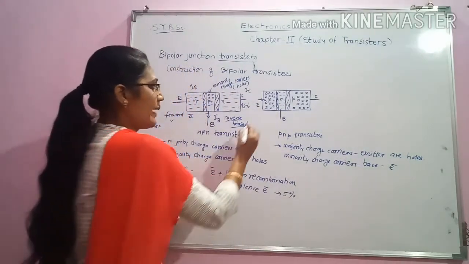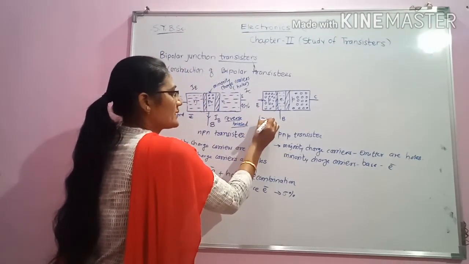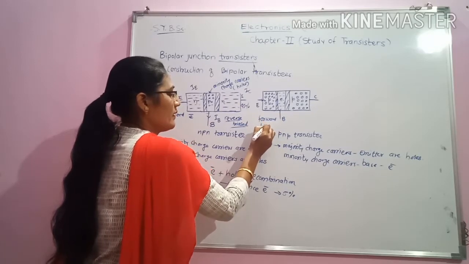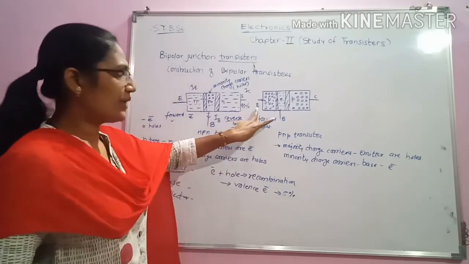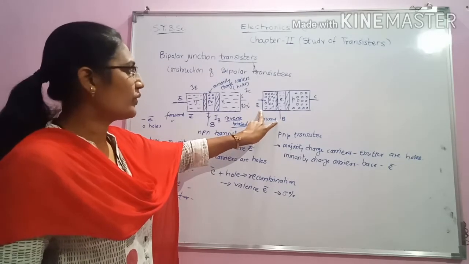So, when we apply a forward bias to the emitter base junction, what will happen?